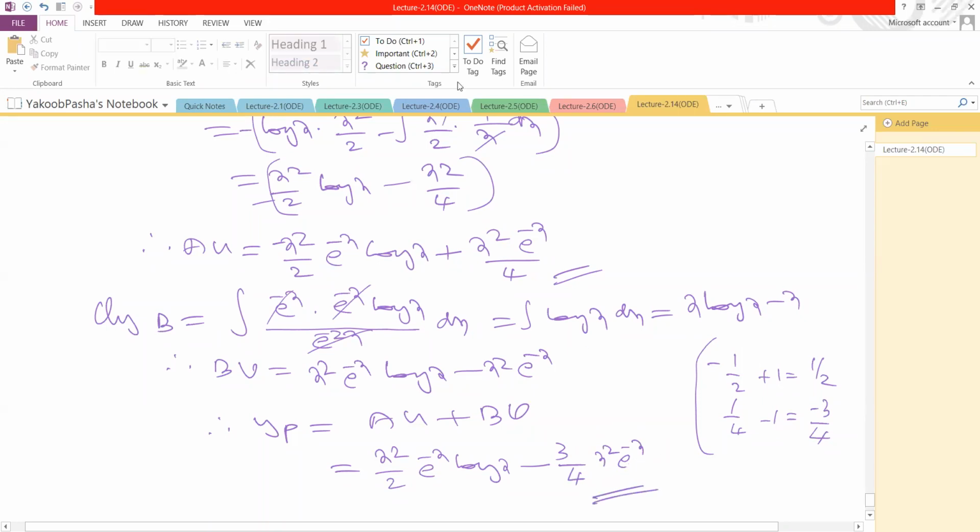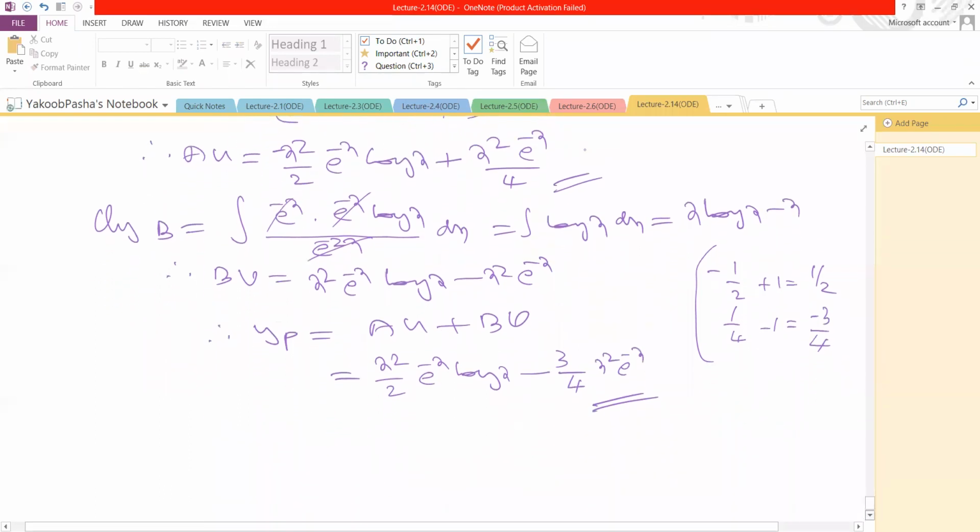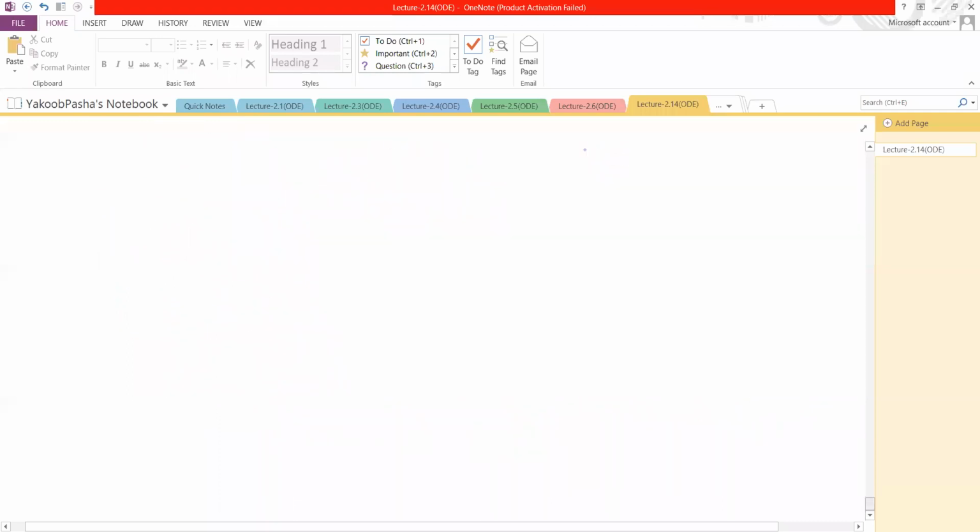Okay, this is a set problem. We can do one problem same like this. The particular integral of y double dash minus 2y dash plus y is equal to e power x into log x.